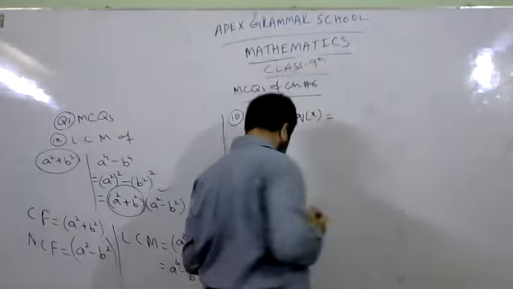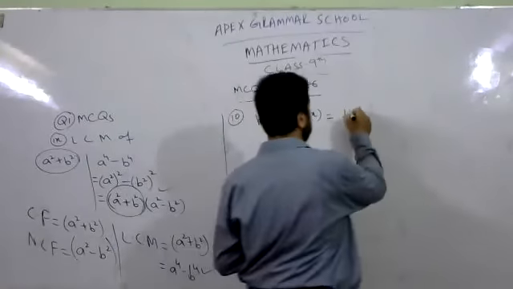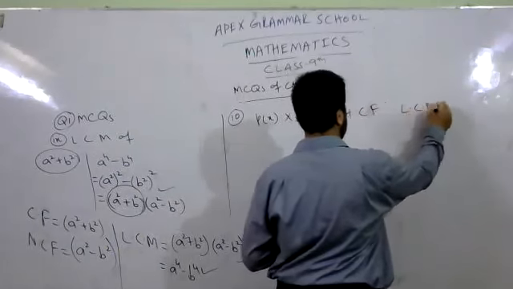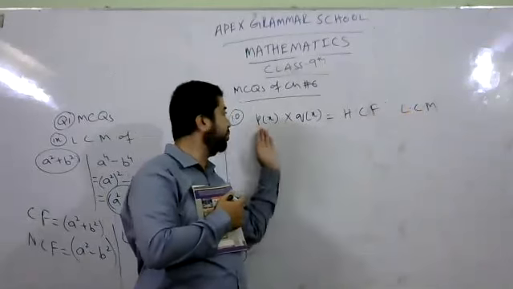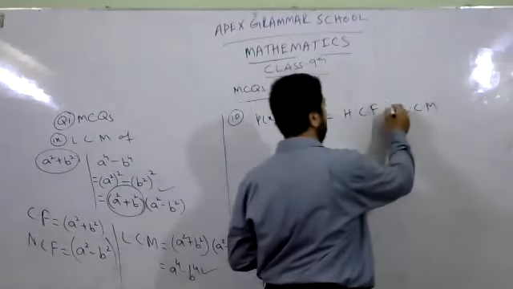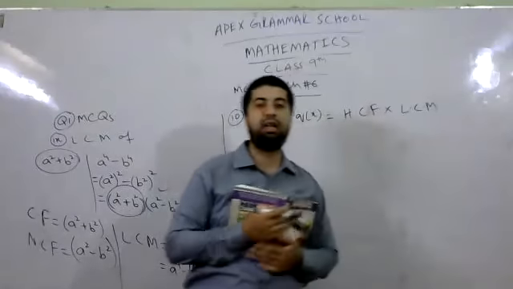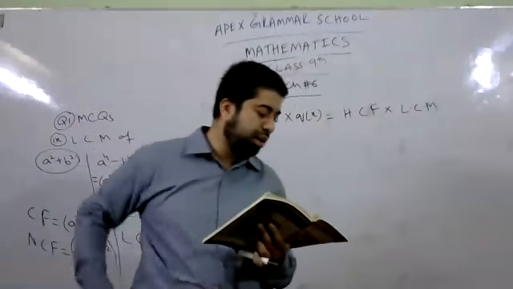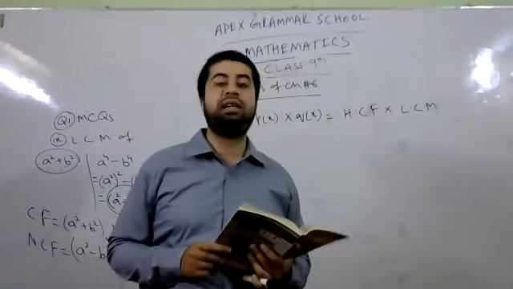Equal to dash of HCF and LCM. We have already done these questions. When P(x) multiplied by Q(x) is equal to HCF multiplied by LCM. So what is the relation between HCF and LCM? Obviously it is about product. So we have four options that are sum, difference, product and quotient. So the right option is product.